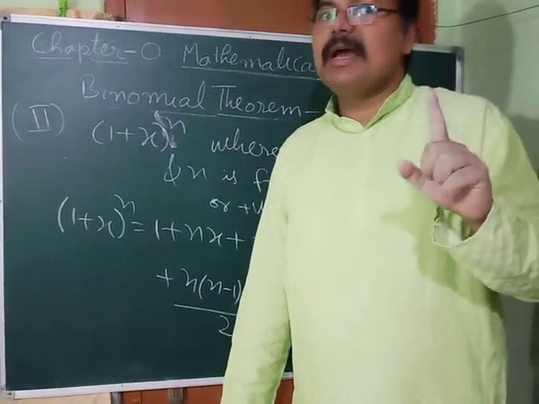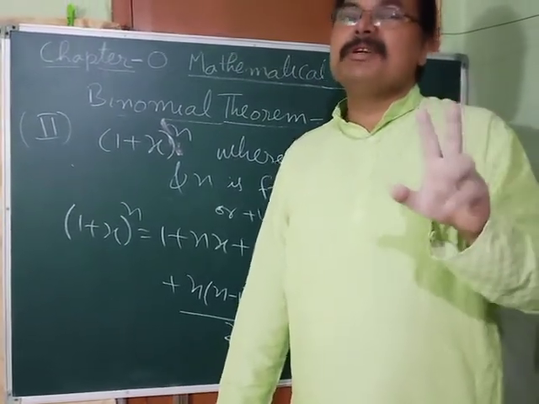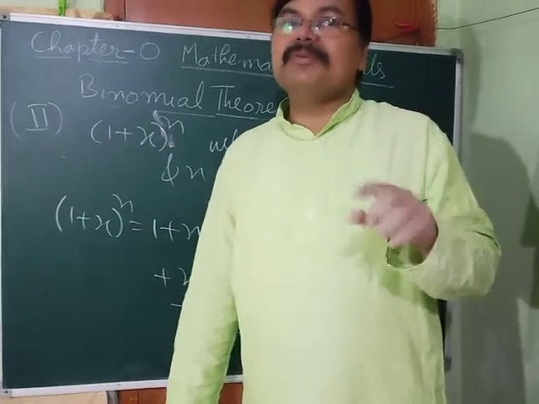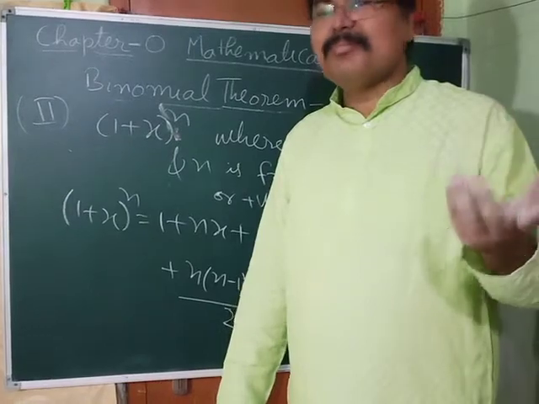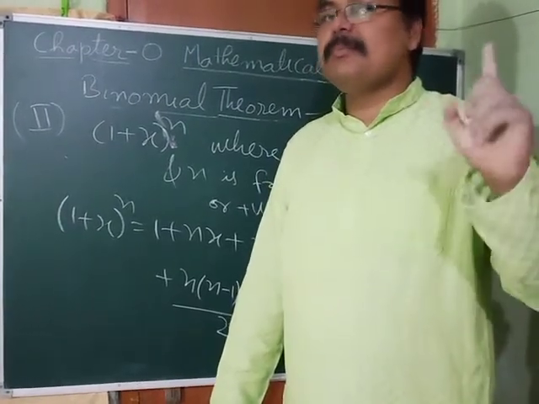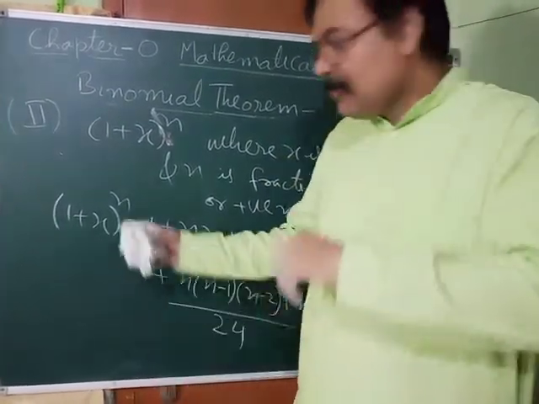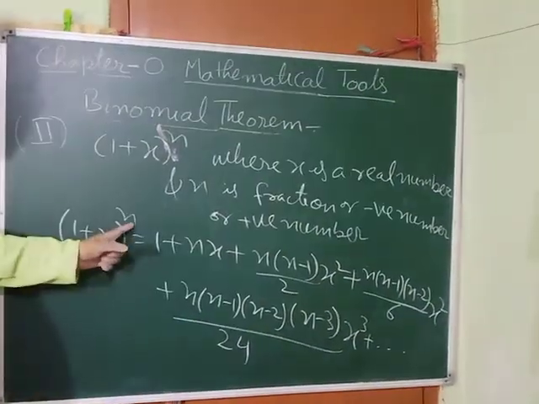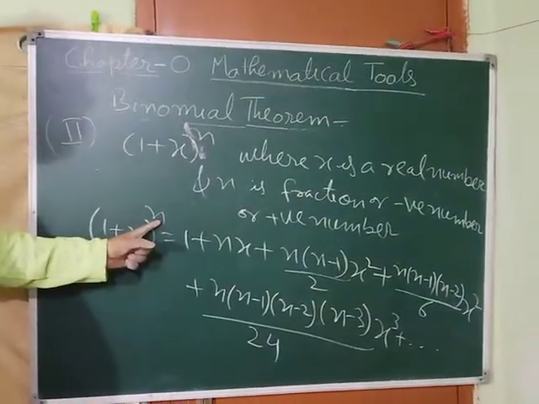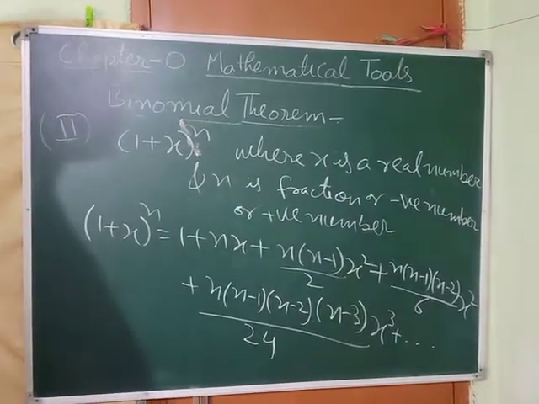So we have a maximum of n + 1 terms. Why am I saying maximum? Because any of the terms may become 0, so terms may decrease, but the maximum is n + 1 terms. Here also, if n is a positive number, not a fraction, not a negative number, then you will have n + 1 terms only.